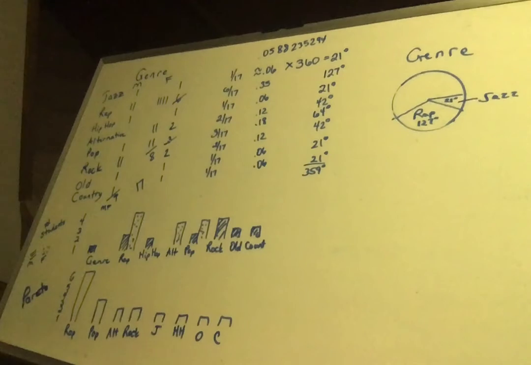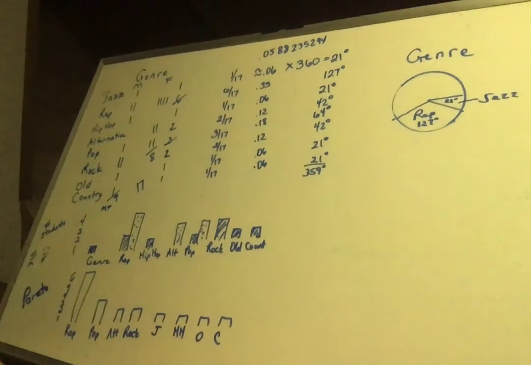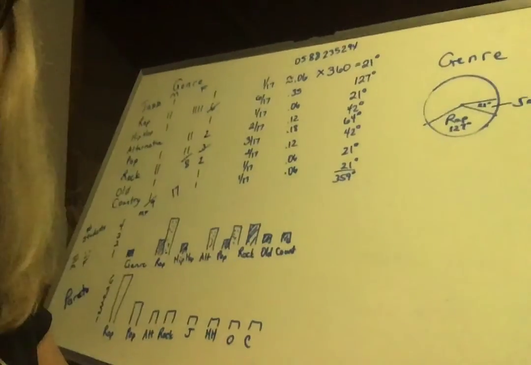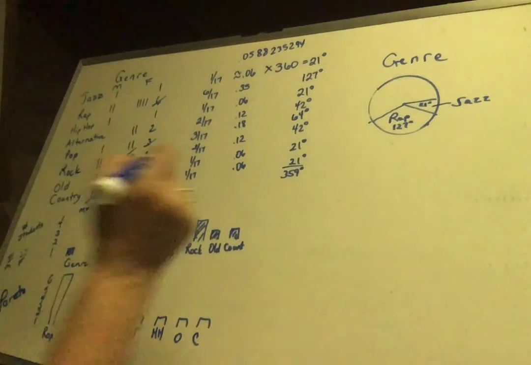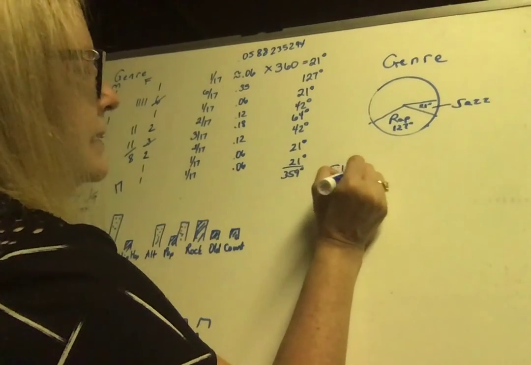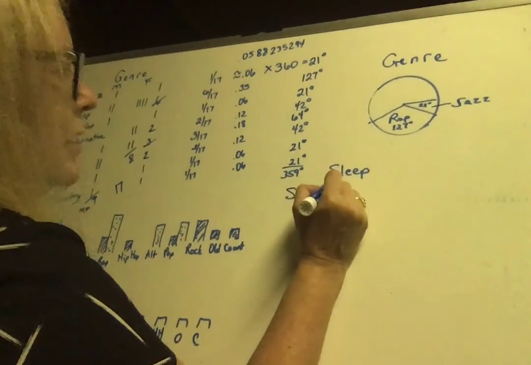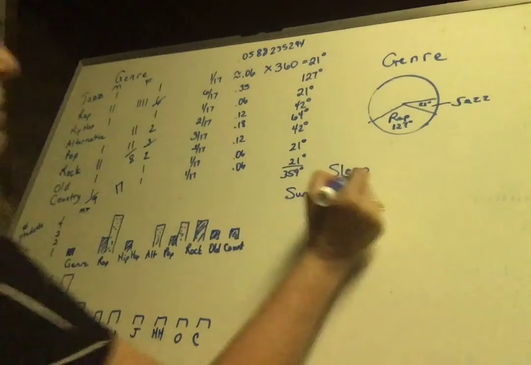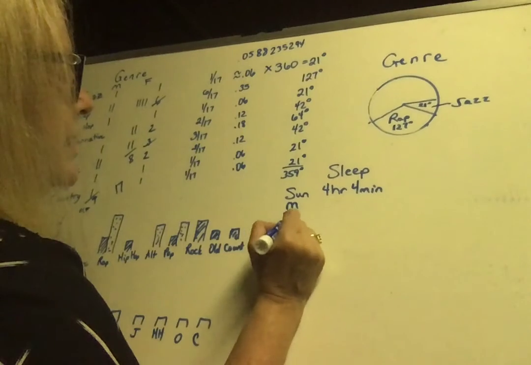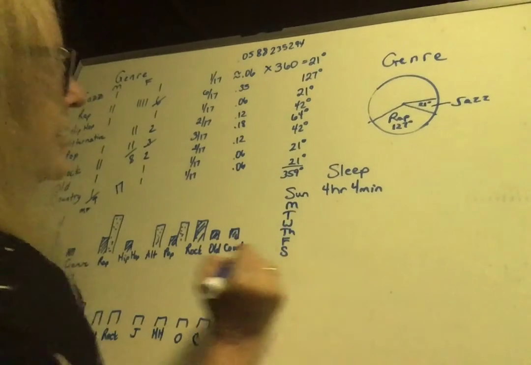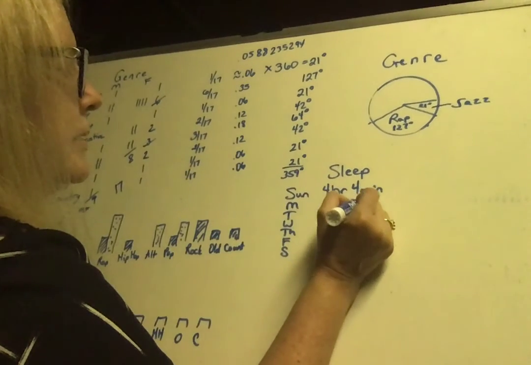Then there's one more that you needed to have in this section. It was called a time series. I didn't have the right information with our genre, so I looked at my Fitbit and looked at my sleep for the last week. So Sunday, I had 4 hours and 4 minutes. Monday, 5 hours, 7 minutes.